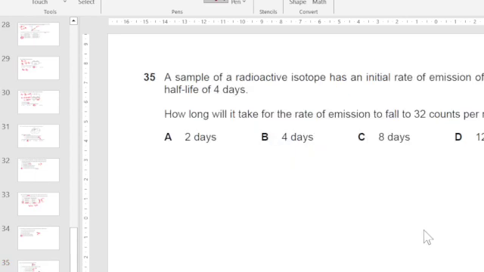The 35th question. A sample of radioactive isotope has an initial rate of emission of 128 counts per minute. That is initially N0 is 128 counts per minute. And a half-life of 4 days.